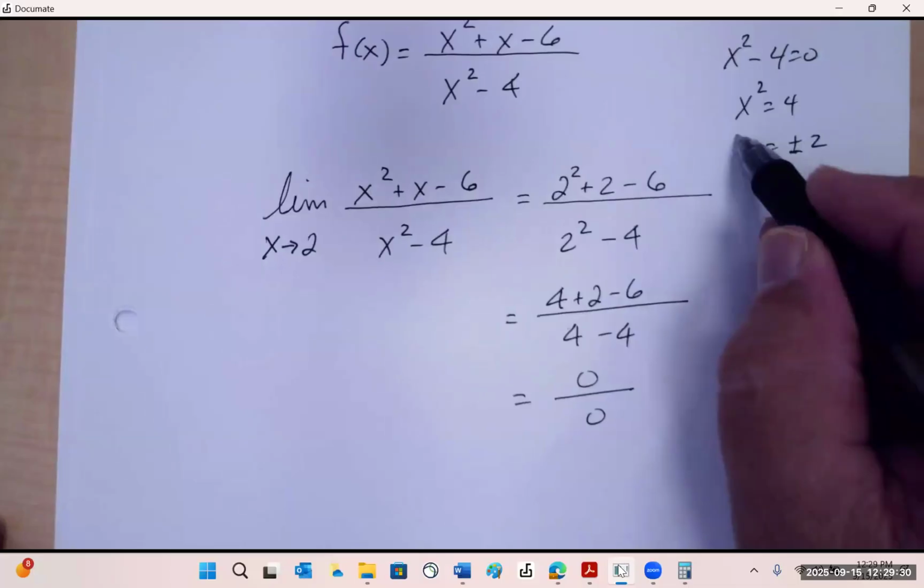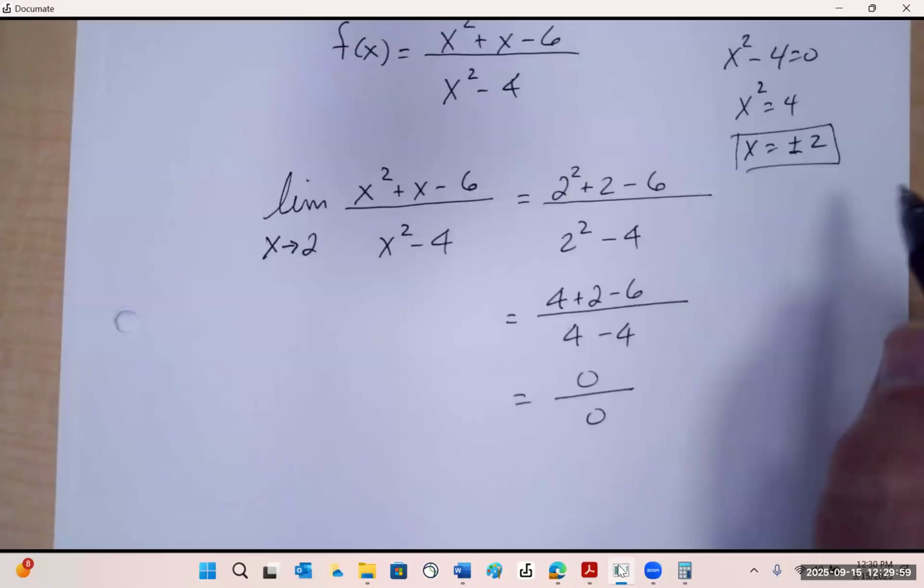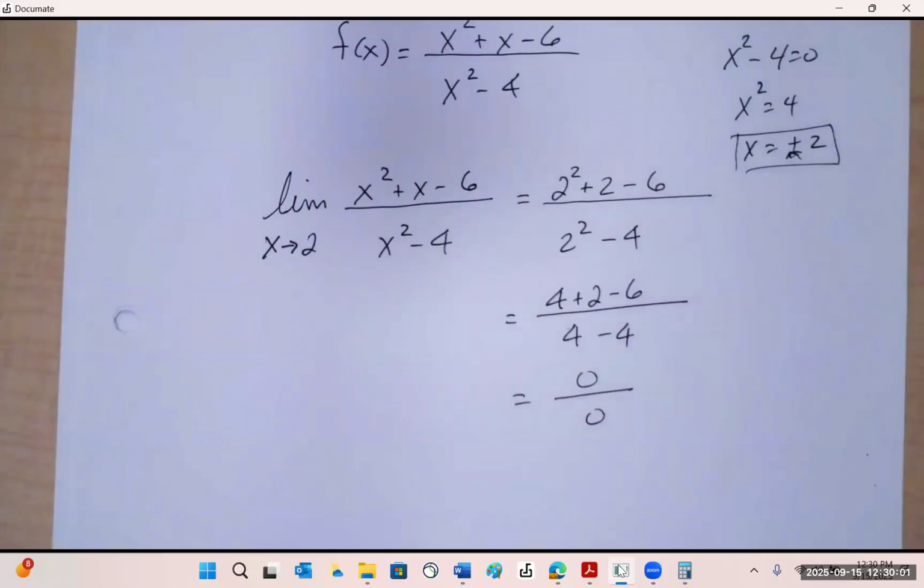Because remember, our asymptotes were at negative 2 and 2. Yeah, so it would be an asymptote, but not 0 over 0. That's why we don't use the negative 2.